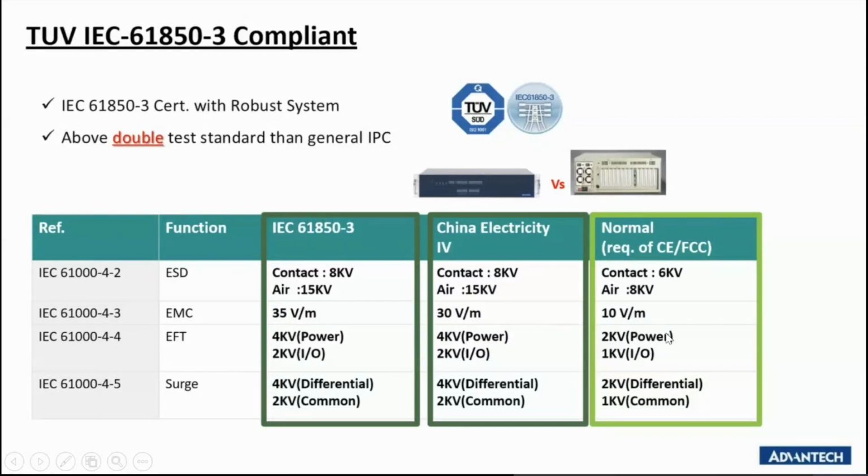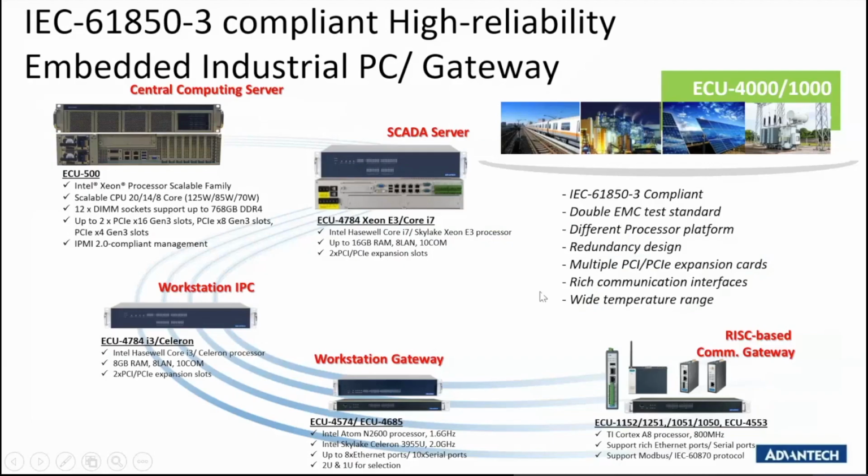So what we are offering in the Advantech ECU series, as you can see here: for the central computing server, we have the ECU 500 series, which runs on a Xeon processor. For the SCADA server and workstation IPC, we have the ECU 4784, which runs on a Xeon or i7 processor.